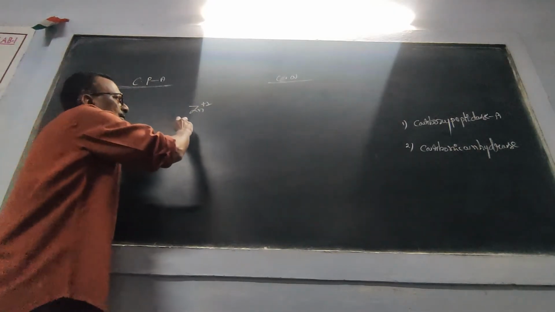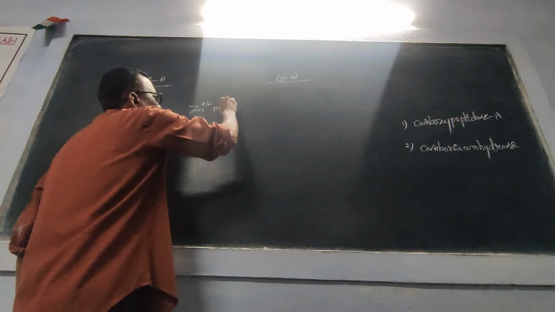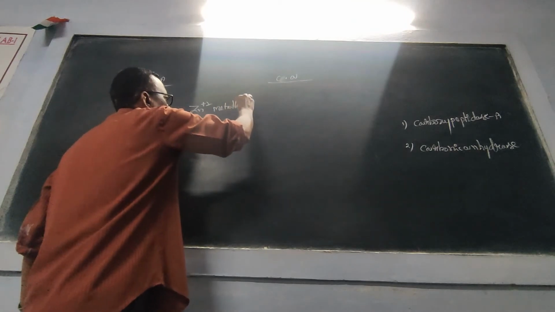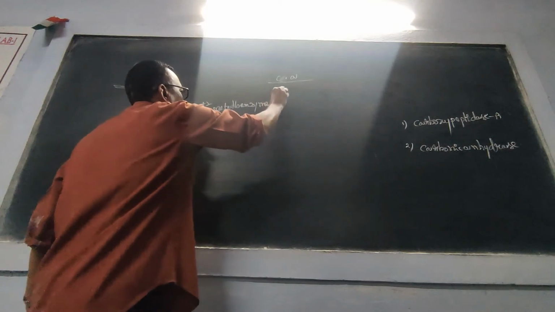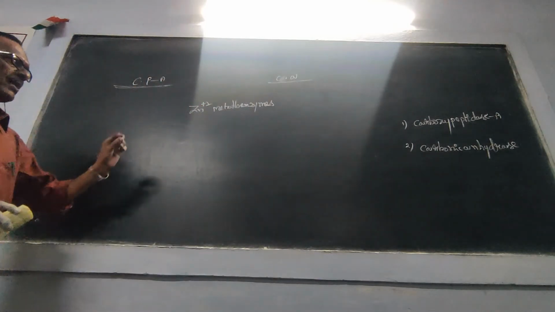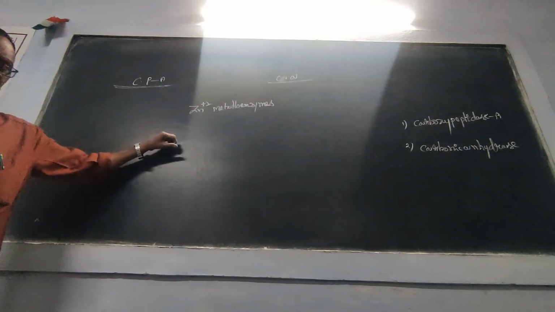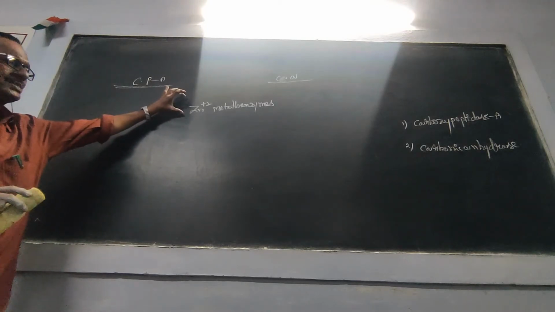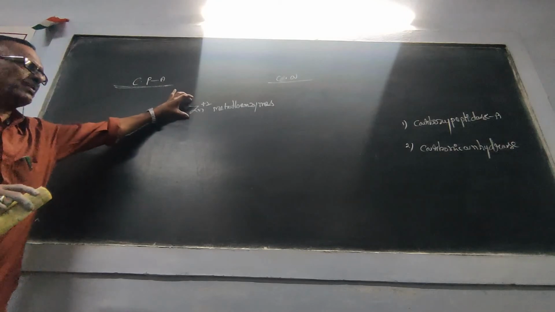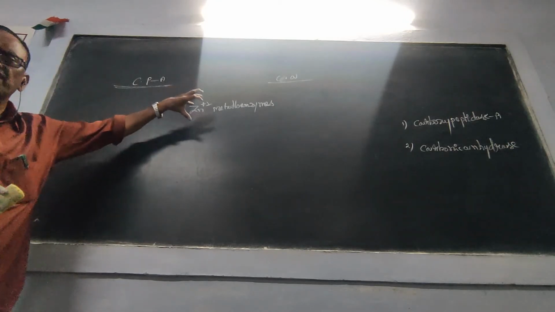That's what we call zinc metalloenzymes. So the center of coordination is zinc metal. It is having oxidation state +2. So this is playing a vital role in that complex.